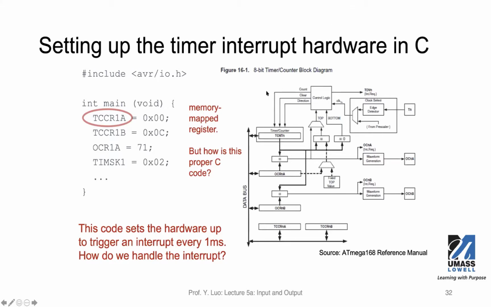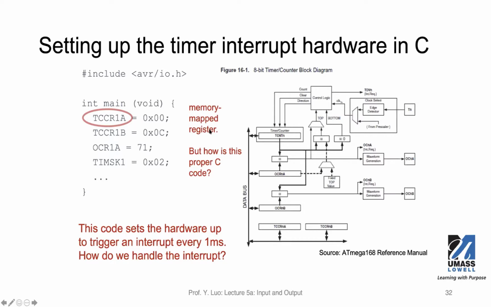Let me see another question. Is 71 decimal or hexadecimal? It's decimal. So these are defined because these registers are memory mapped.